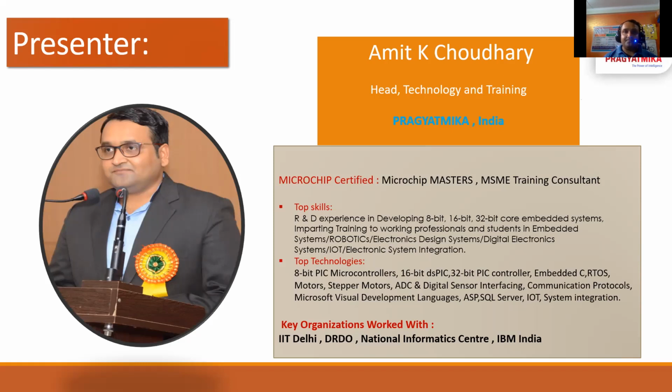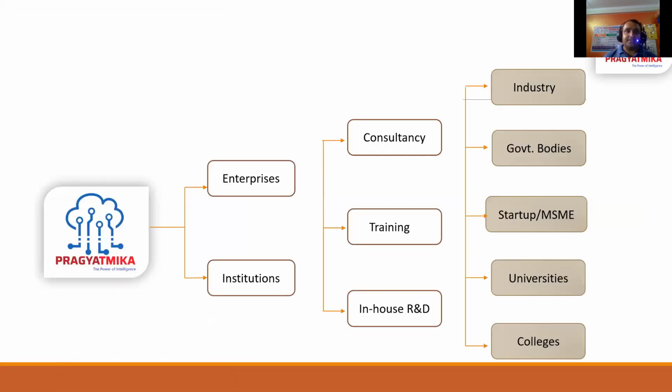So these are some of the technologies and skills that I possess. And in this role of technology and training division of Pragyatika, I completely take the responsibility of delivering new technologies to the industries and the academia both. At Pragyatika, we have services for enterprises and institutions, and we provide consultancy, training, and R&D.